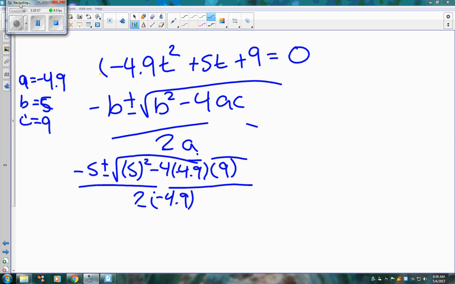So then divide by 2 times negative 4.9. Let me make sure. I'm going to pause this real quick. Is C.